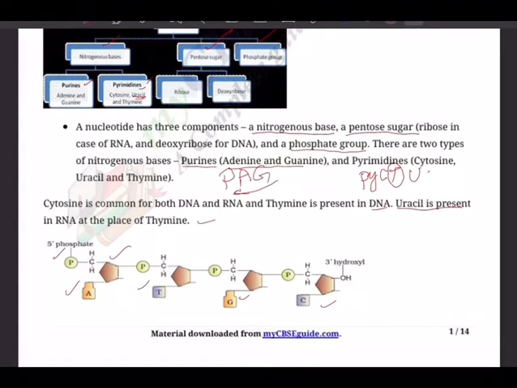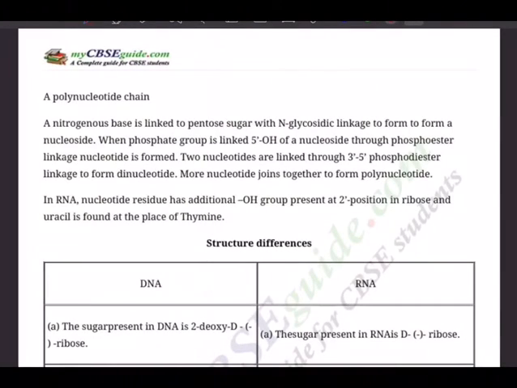This is how DNA is a polymer, one attached to each other. You can also see here 5' phosphate and 3' hydroxyl based on the attachment. That's how we say 5' to 3'. So it is a polynucleotide chain. If someone asks you what DNA is, you should say polynucleotide chain.